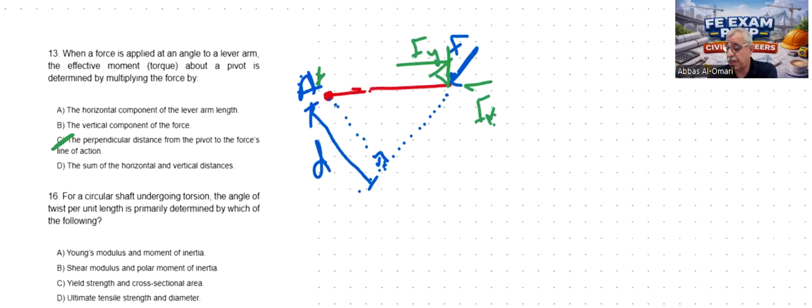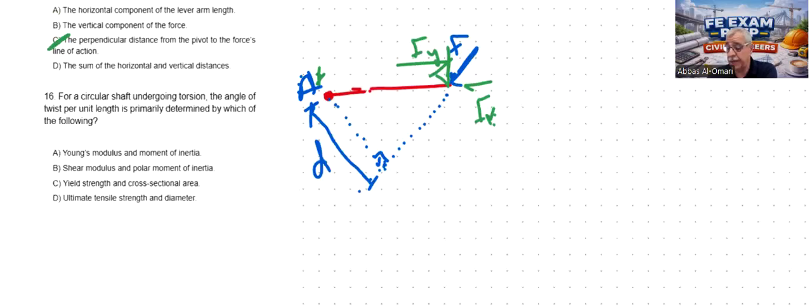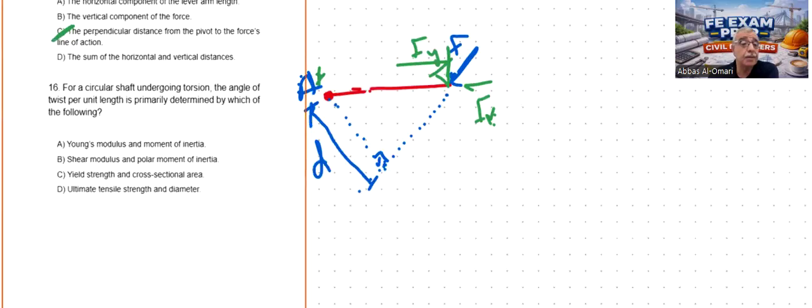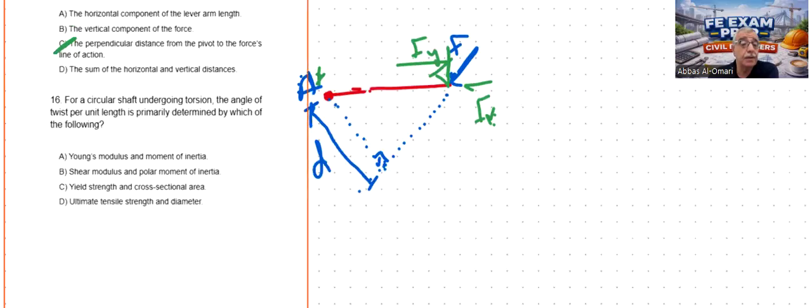The next question, 16. For a circular shaft undergoing torsion, the angle of twist per unit length is primarily determined by which of the following? So this is a shaft subject to a torque.